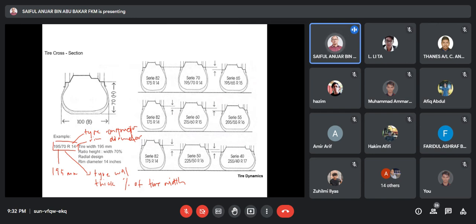So if you want to calculate the tire radius, you need to know this code, which I already showed you how to calculate in chapter 2, in the acceleration performance topic.